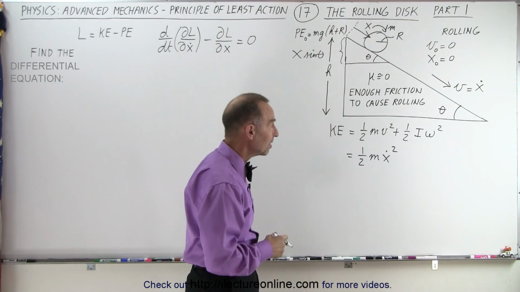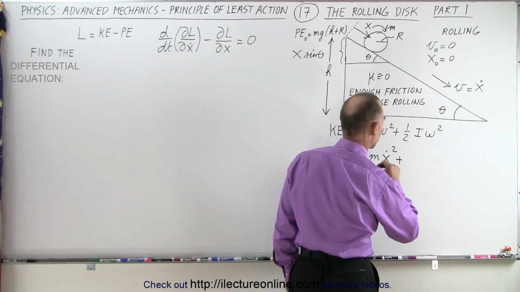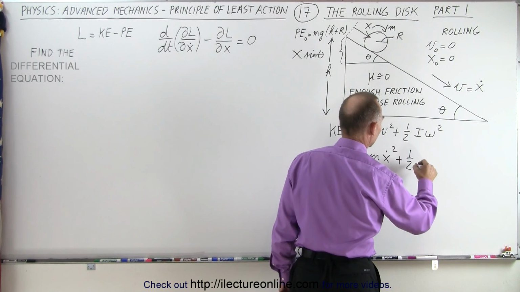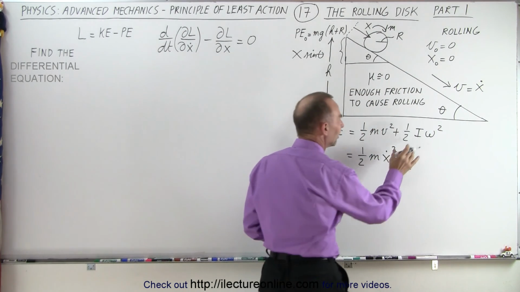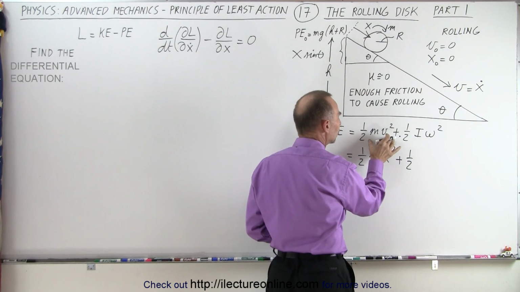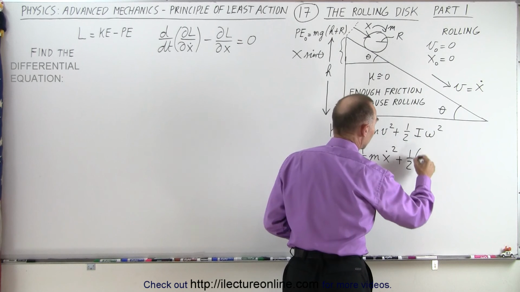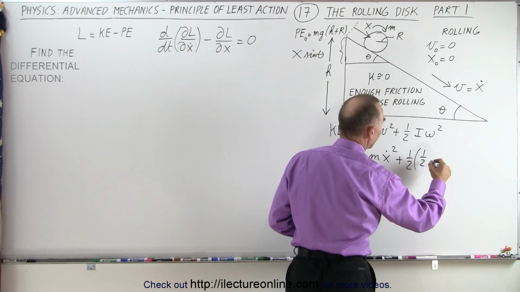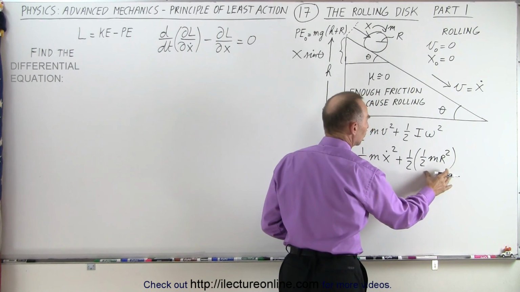It's the dx dt. And then for the I, okay, I was slightly mistaken here. So this is the kinetic energy of the rotational motion, this is the kinetic energy of the translational motion, but now to find I, assuming that it's a solid disk, we're going to write 1/2 times m times r squared. So that's the moment of inertia of the solid disk.